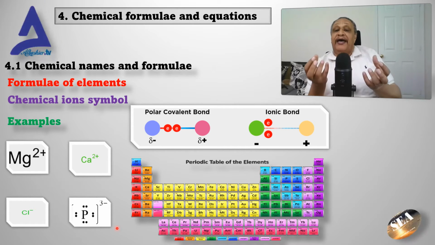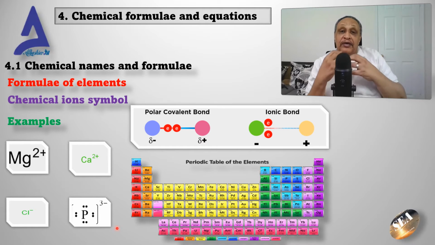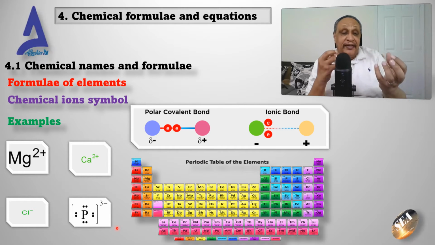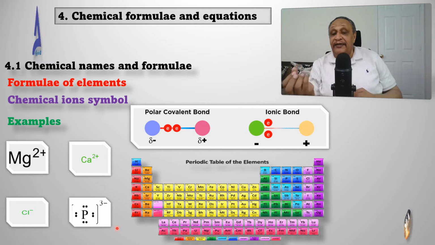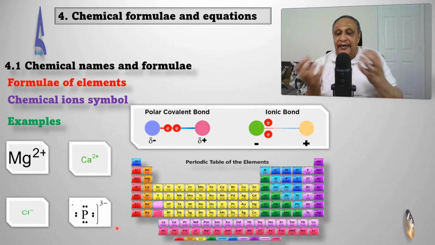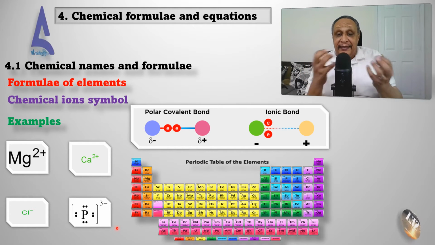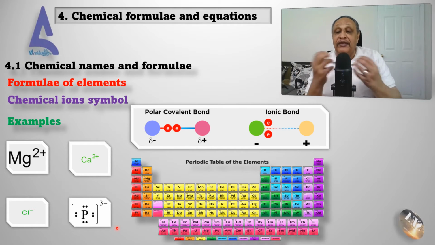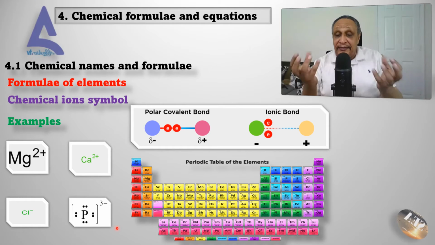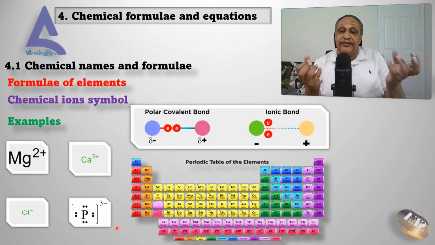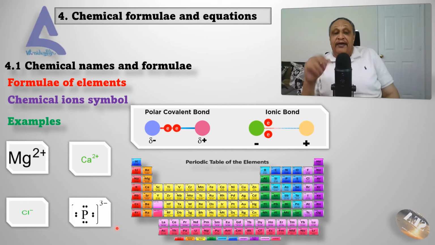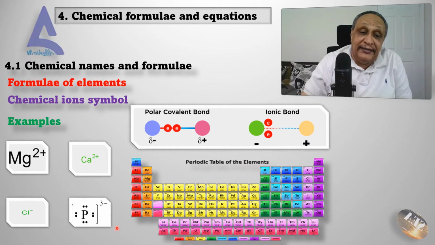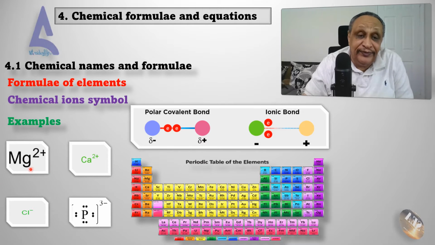And we know that if we have protons, that means we have positive charge, and if we have electrons, that means we have negative charge. So the difference between them will tell us whether this ion is a positively charged ion or a negatively charged ion.